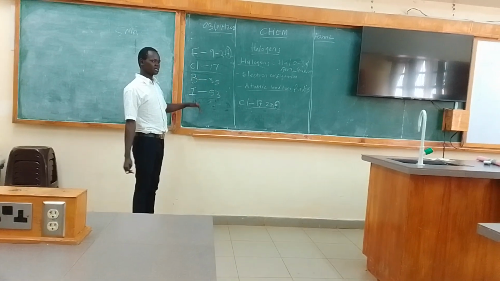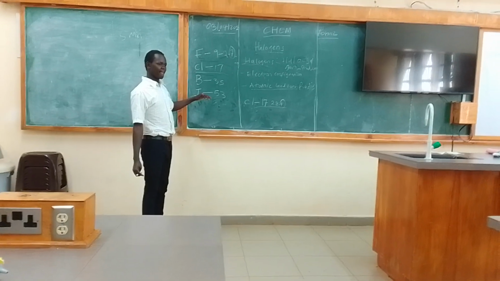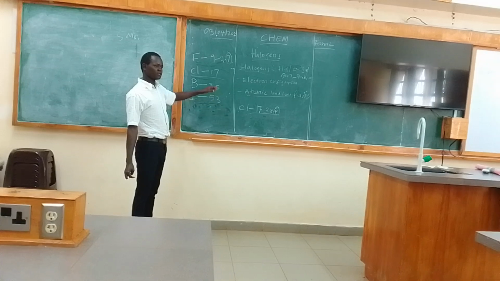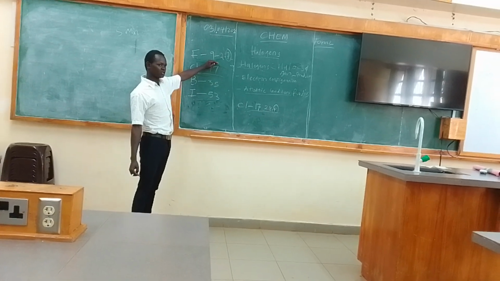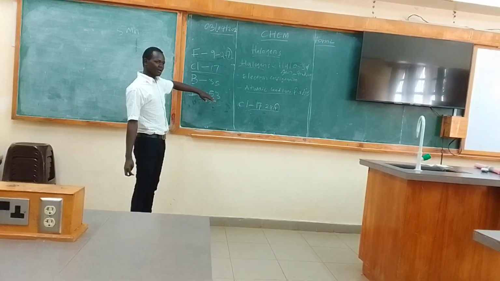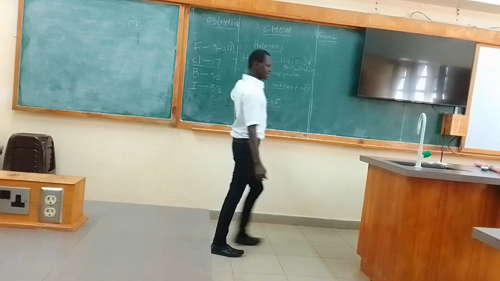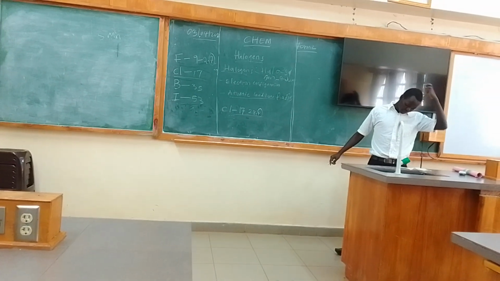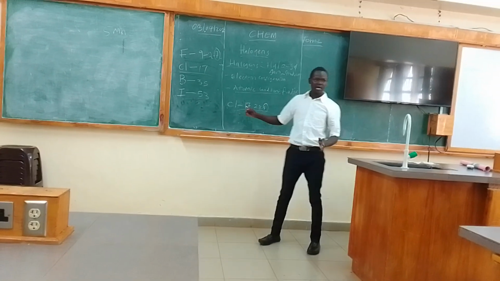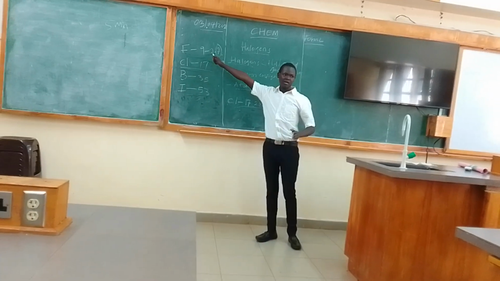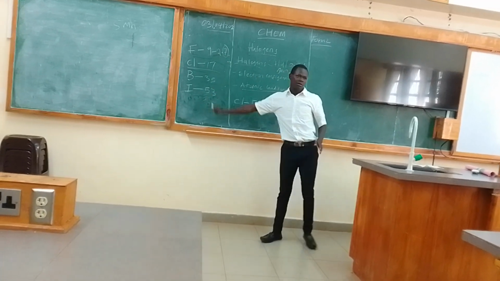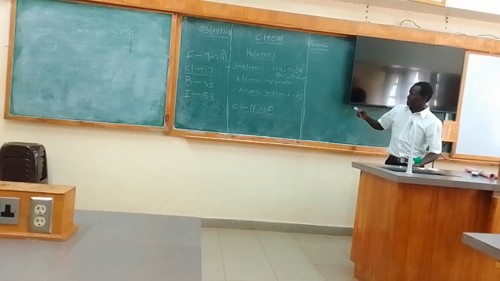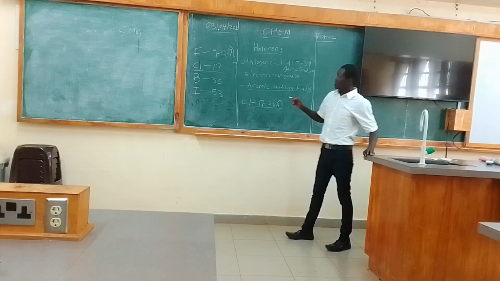Are you not seeing anything? You cannot even see that the atomic number is increasing. Now the atomic number increases down the group. Now that means that the atomic and ionic radius of halogens increase from up to down the group altogether due to the increase of the electron shells.